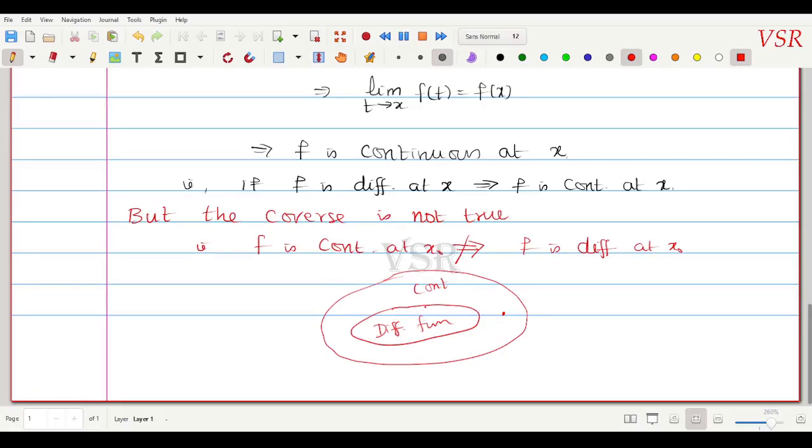For example, let's take an example. We know that the mod function is always continuous.